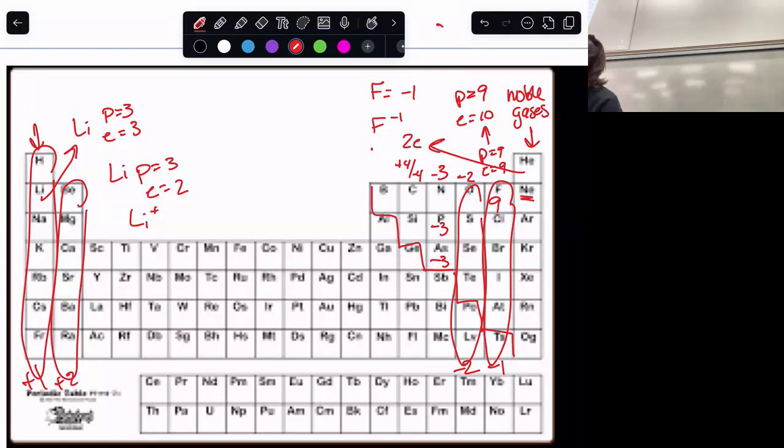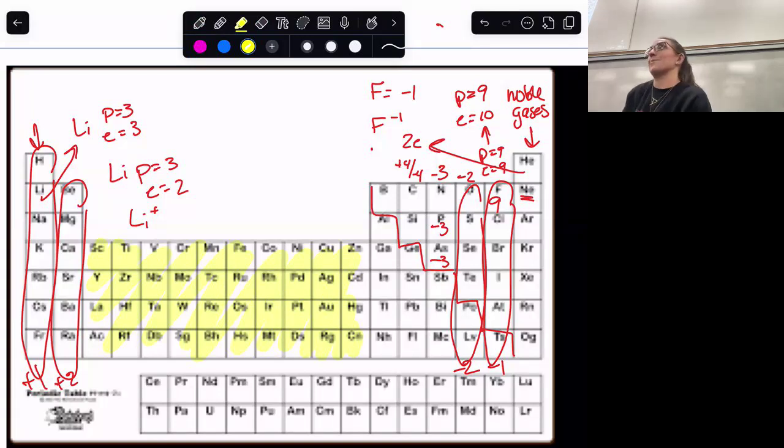Okay, what do we call this section here? Close. They are metals.